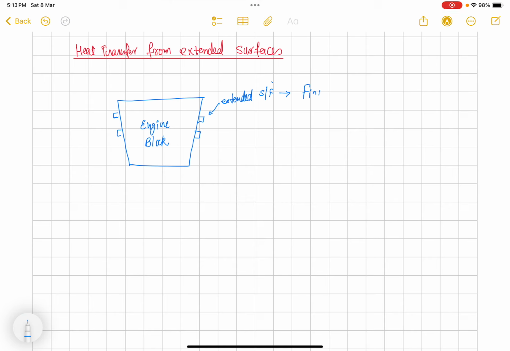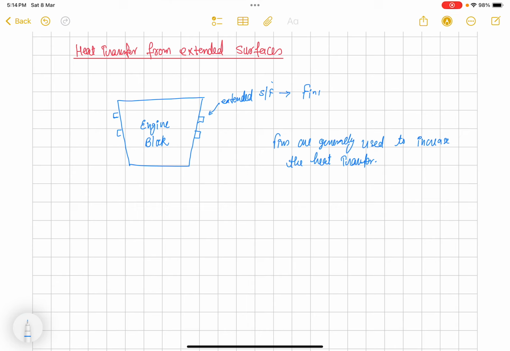So fins are generally used to increase the heat transfer. But how?